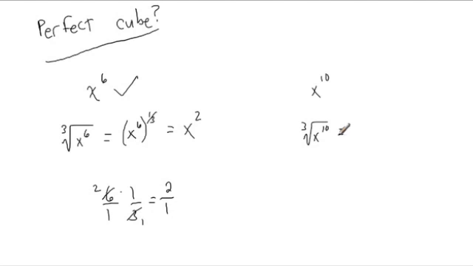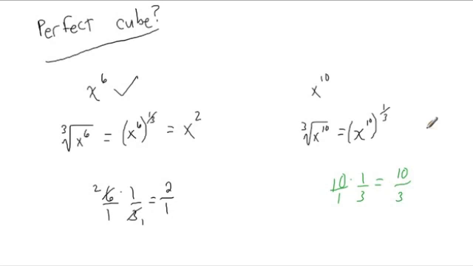Again, I will use the definition of a cube root that tells me that I can take an expression that's inside of a cube root, in this case x to the 10th, and raise it to the 1/3 power. When raising a power to a power, multiply the powers, so I'll need to take the power 10 times the power 1/3. Write everything as a fraction by putting it over 1, and then multiply straight across.